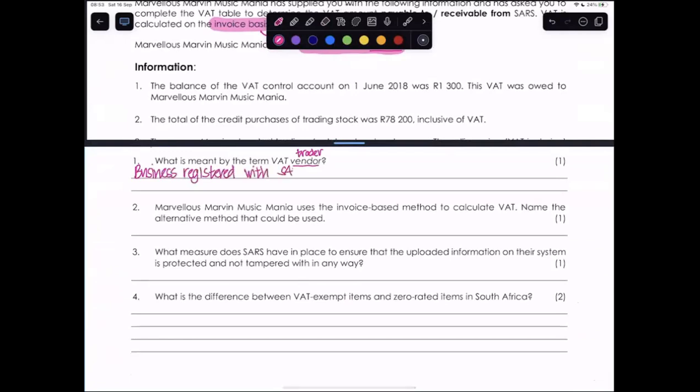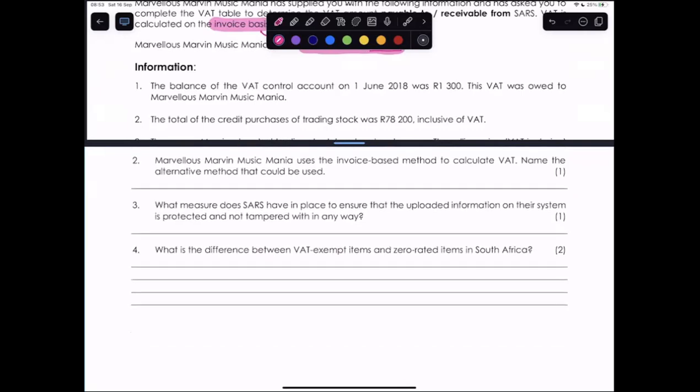And as a result of registering with SARS, it would have a VAT registration number. Of course, that number would need to be shown on all invoices issued to customers and on all invoices received from suppliers in order to be able to claim properly.